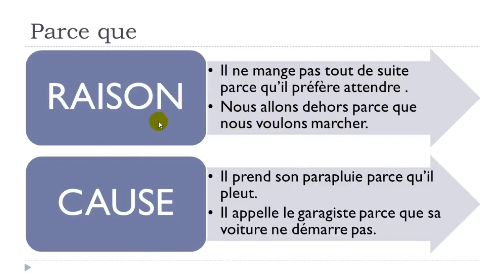And then the second possibility, when you're talking about la cause, in that case, it's not the result of what someone is doing, but it's raining in that case, and then the car doesn't start. It's not the result of the action of someone. Okay, so that's the two main uses of parce que.